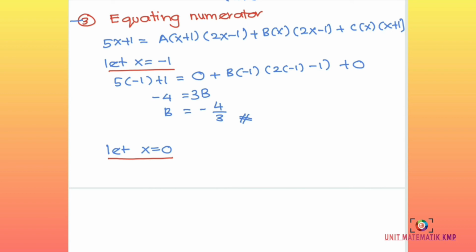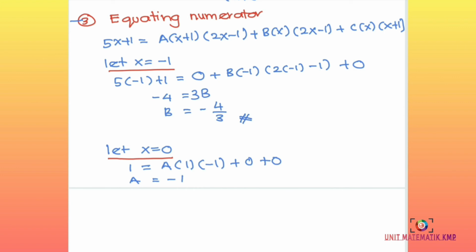When x is 0, the left hand side is 1, which is equal to A times 1 times negative 1, plus, when x is 0, the B term is 0 and the C term is also 0, so plus 0 plus 0. Then we have the value of A is negative 1.